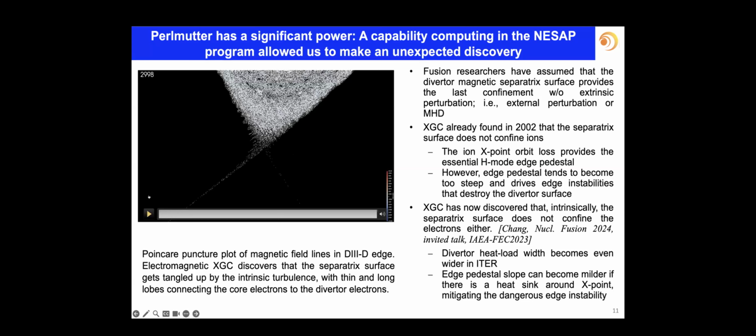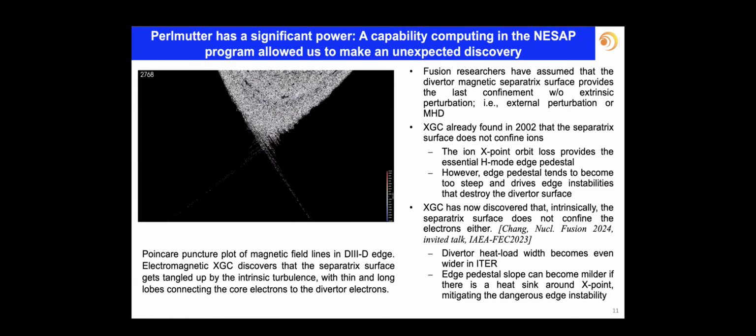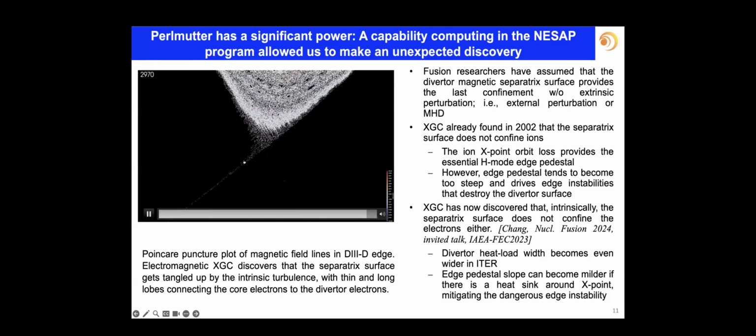And another thing I would like to emphasize in relation to the data management slide I'm going to show: these lobes are extremely thin when we're talking about turbulence. And I want to emphasize here, this is a subgrid scale. Our grid cannot capture this. Since this is a particle code, we can actually follow the particles and map out the magnetic field line like this.